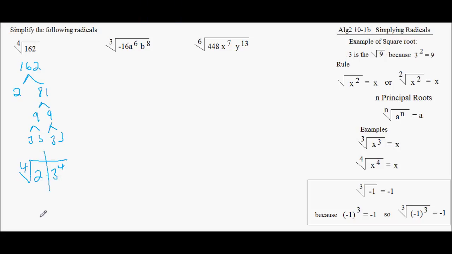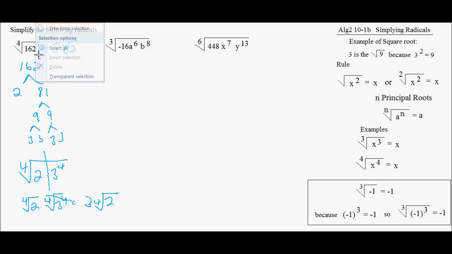I can split that into the fourth root of 2 times the fourth root of 3 to the fourth. That cancels, and I get 3 times the fourth root of 2. And that's it.